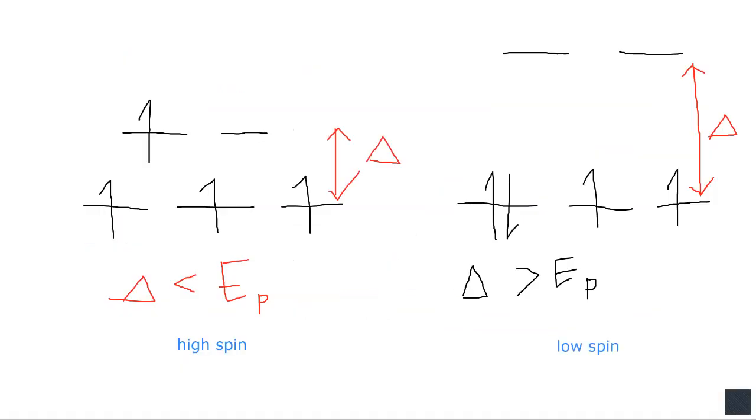So high spin for weak ligand, for example, halide, and this is strong field ligand, for example, cyanide, ammonia.